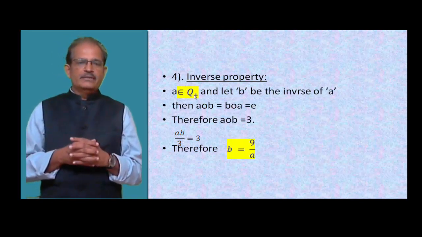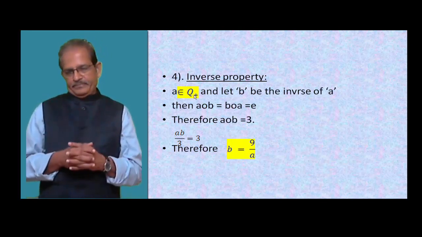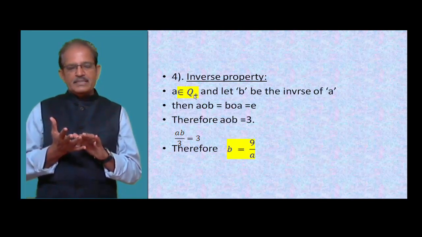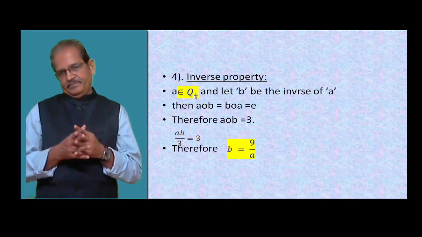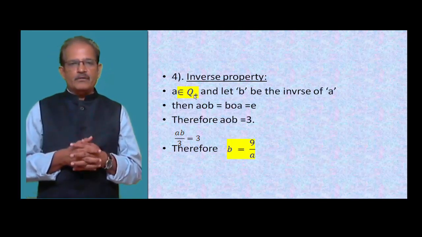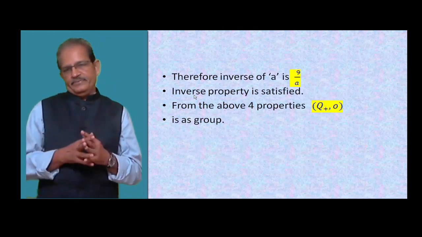On simplification, you get AB is equal to 9, B is equal to 9 by A. So if A is the element, its inverse is 9 by A. So inverse exists for every element of the set. Inverse property is satisfied.